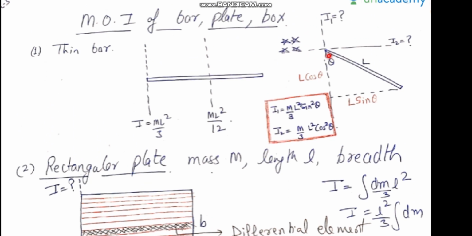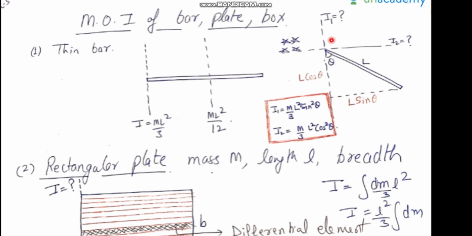So I'll give you an example. Suppose I have a bar like this and I have this axis, and this bar makes an angle theta with this axis, and I want to find the moment of inertia of the bar about this axis. So this length L, I resolve it in two components. This is L cos theta and this is L sin theta.